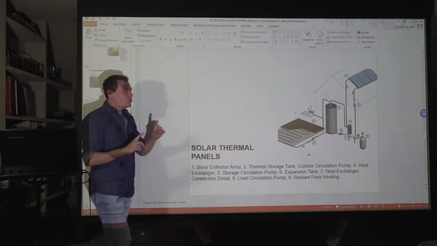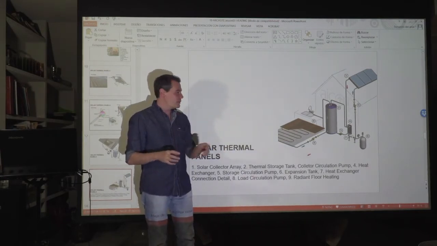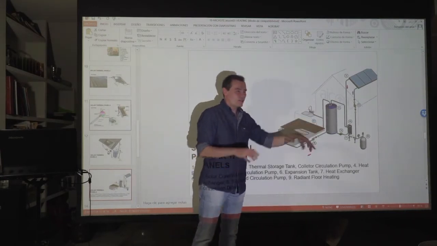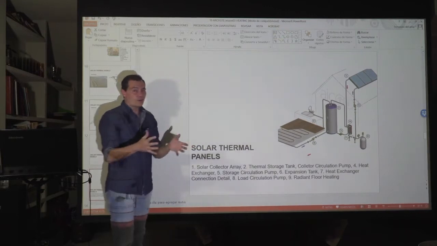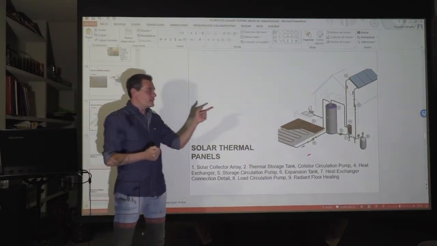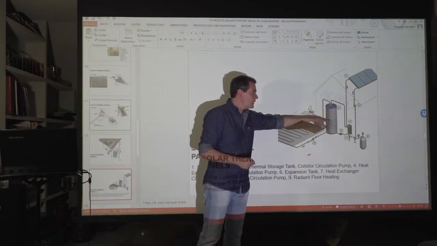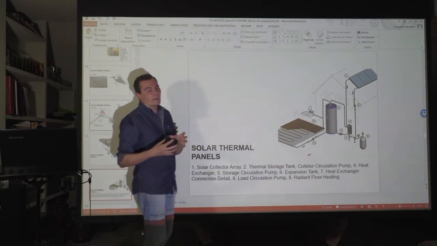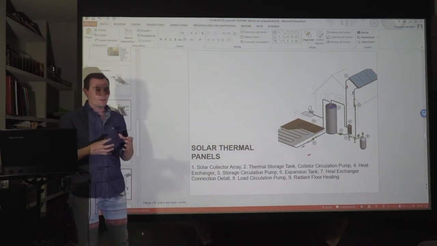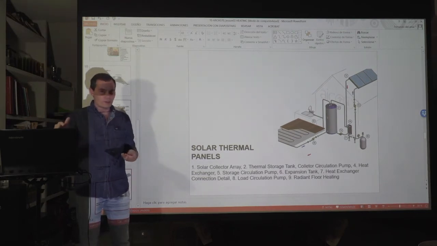And there is something that we need in this kind. Usually in all these heating systems, we need a buffer tank. So we need a tank to store water and to control the temperature of the water. We need a buffer tank in solar panel systems because we don't have sun throughout 24 hours a day.